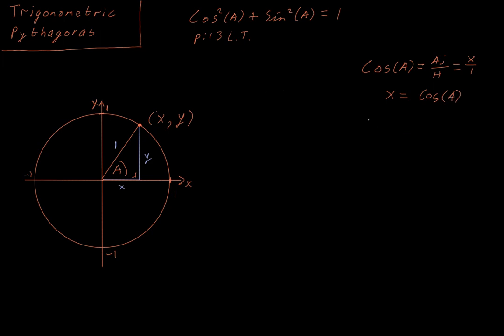And can we do something similar for the sine coordinate, for the y coordinate? Well, it's going to be the opposite over the hypotenuse. So that is going to be y over 1.